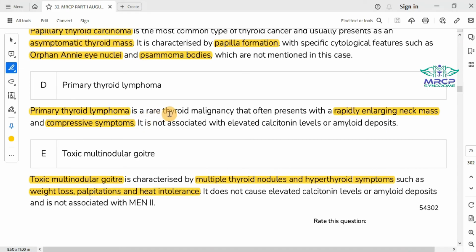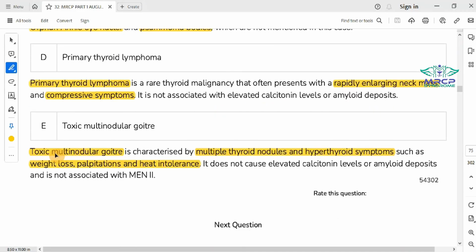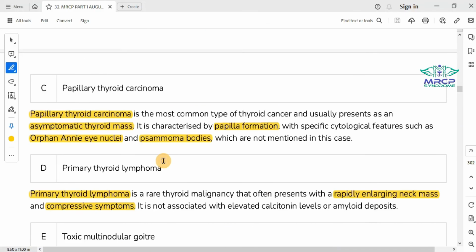Primary thyroid lymphoma is a rare thyroid malignancy that often presents with a rapidly enlarging neck mass and compressive symptoms. This is not associated with elevated calcitonin level or amyloid deposit. And toxic multinodular goiter is characterized by multiple thyroid nodules and hyperthyroid symptoms such as weight loss, palpitation, and heat intolerance.